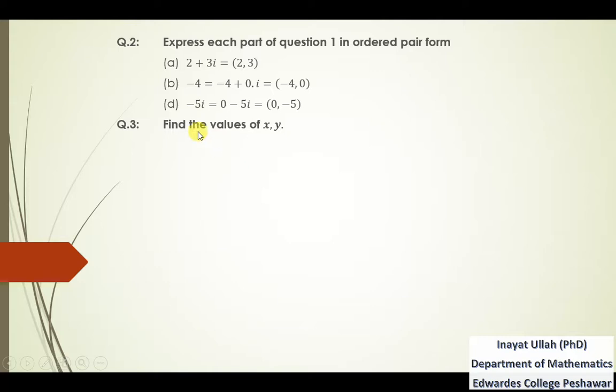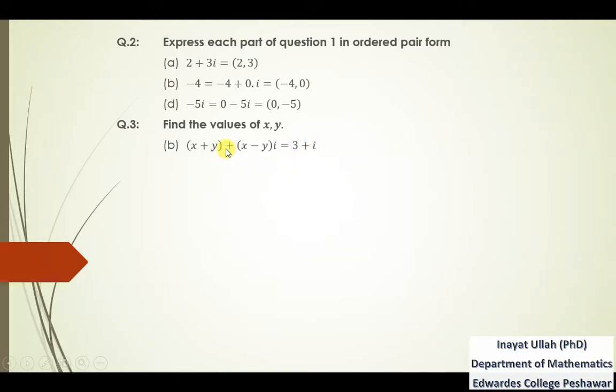Question number 3 of exercise 10.1. We need to find the values of x and y, and the equation is given to us. We see here that this complex number is already in real and imaginary parts, and the right side is also in real and imaginary parts.